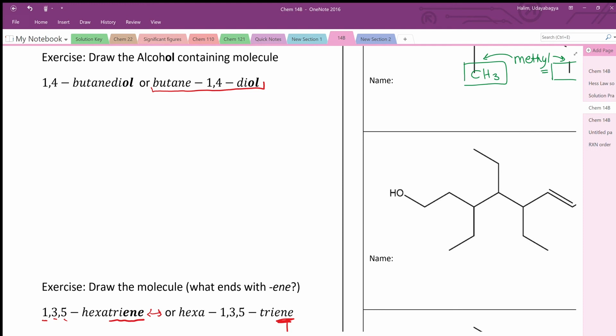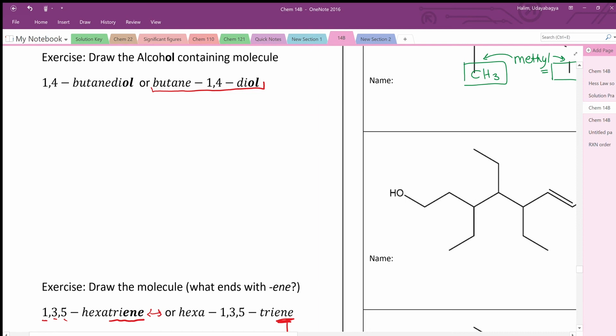Position 1 and 4. Yes, that looks right. I have an alcohol. Too many carbons.